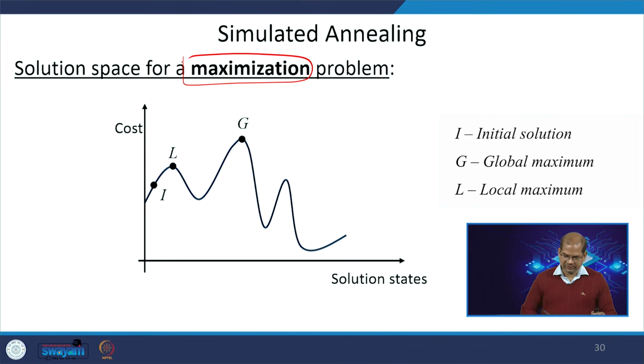In the maximization problem, if I go by the greedy method, it will stick to this point, and this is called the local maximum, but that is not the best solution. We need to go for this global maximum.